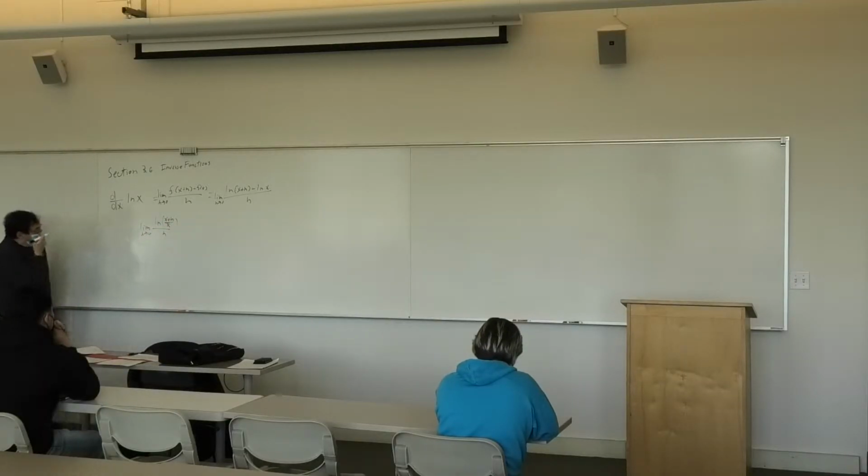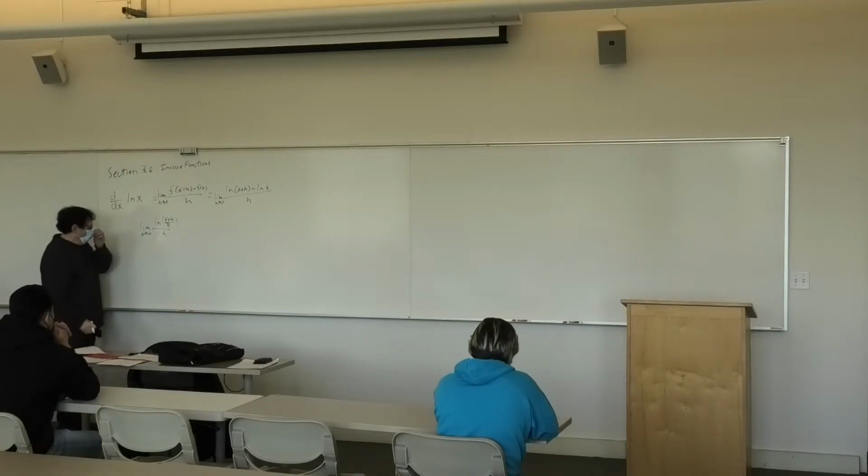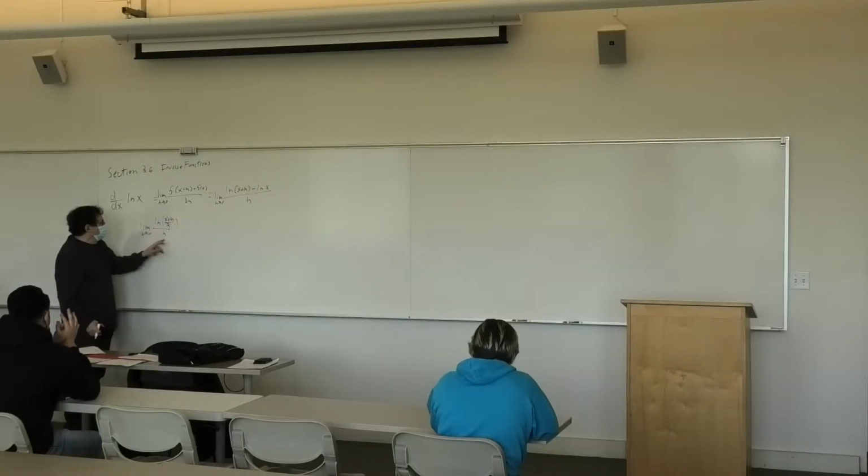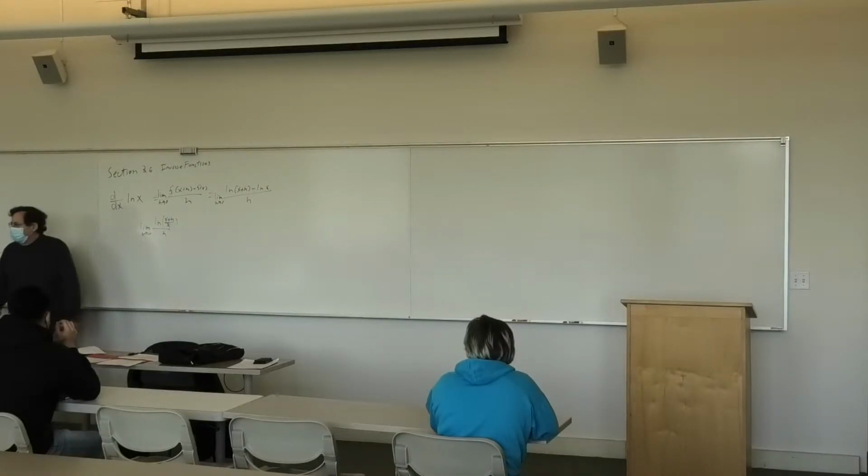And we'd stare at that for a little while and go, well, wait a minute. Clearly the natural log of x plus h over x, as h goes to 0, goes to x over x, which is 1. The log of 1 is 0, and this goes to 0. So that doesn't really get us anywhere.